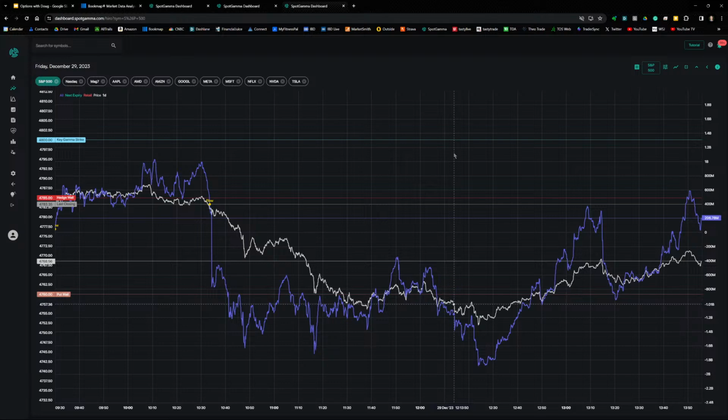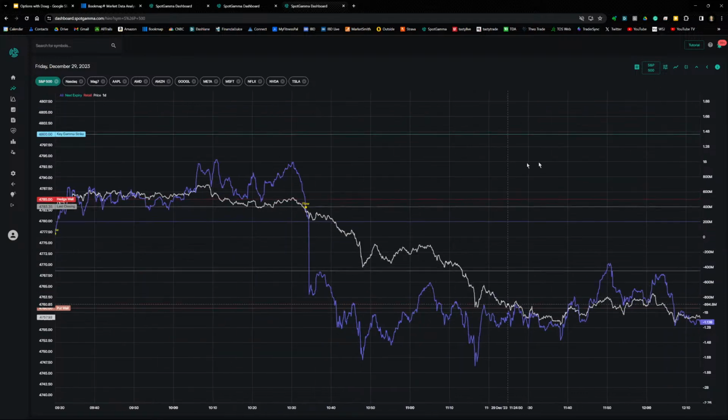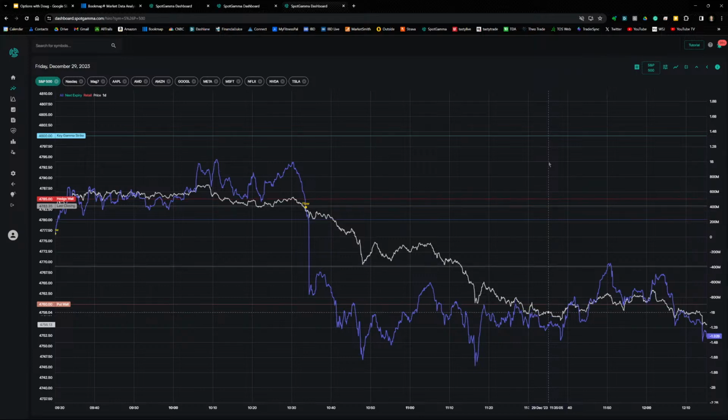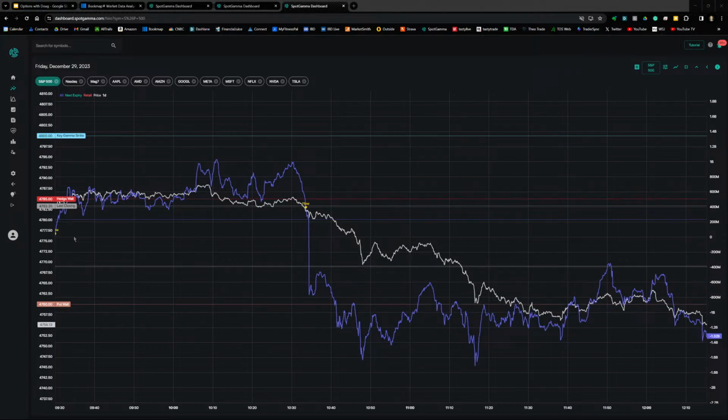And I want to focus on one setup in the morning here. Let me zoom in on this a bit. Note that I am showing only regular trading hours here. So this begins at 9:30, although ES and SPX options trade before then.